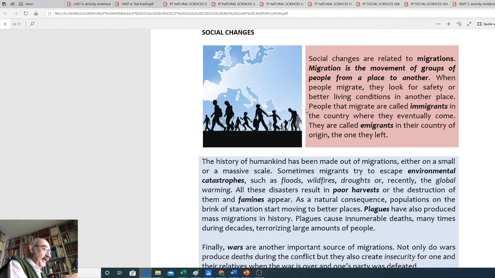You remember the Iberian people that came here into the Iberian Peninsula. They came from Asia, from Eastern Europe.